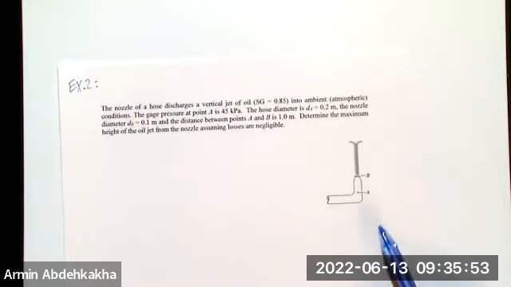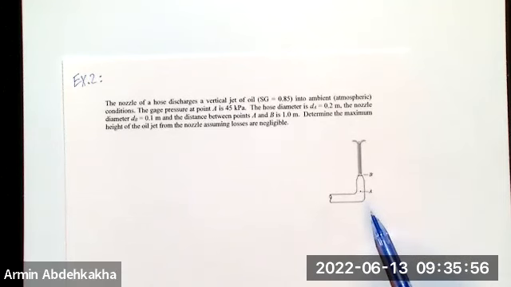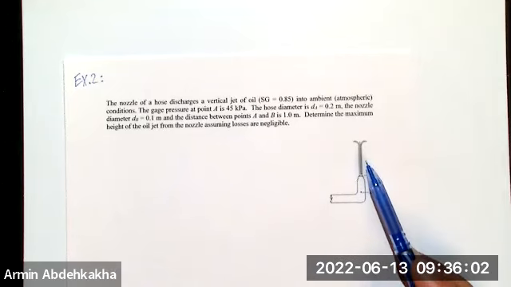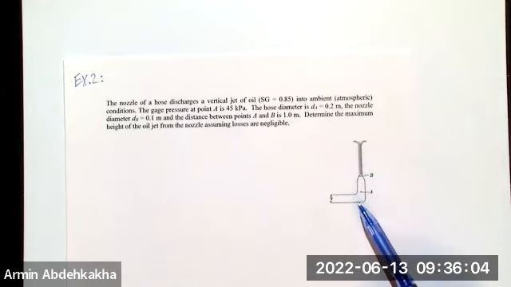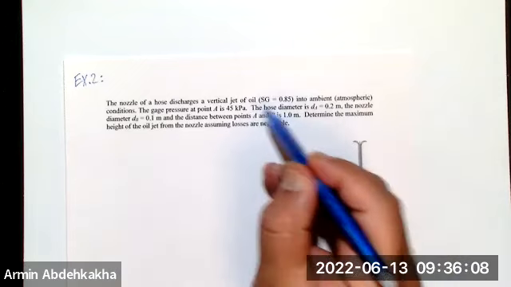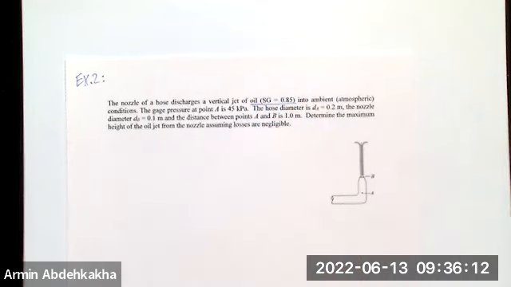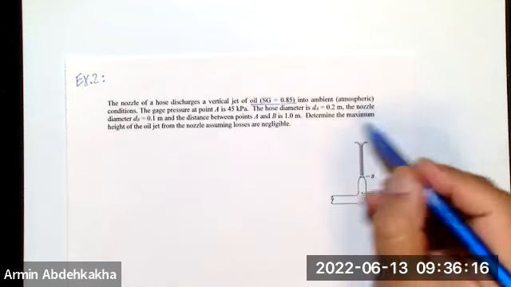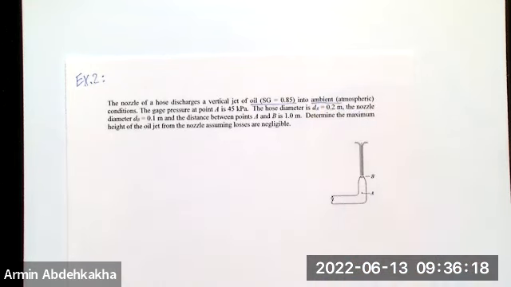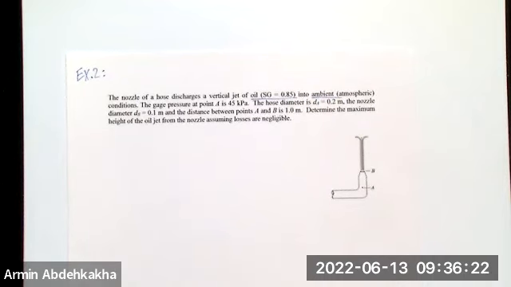We have a nozzle here; from the hose of this nozzle the flow discharges as a vertical jet, and the flow is oil with SG of 0.85. The flow discharges in ambient condition.